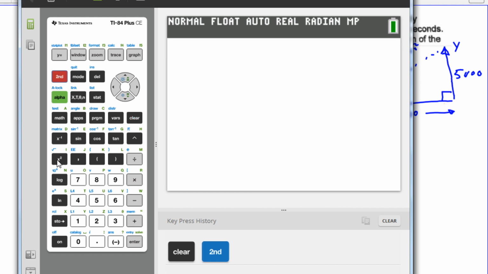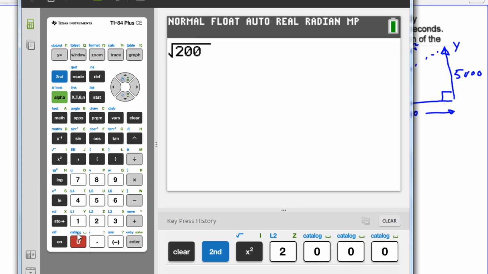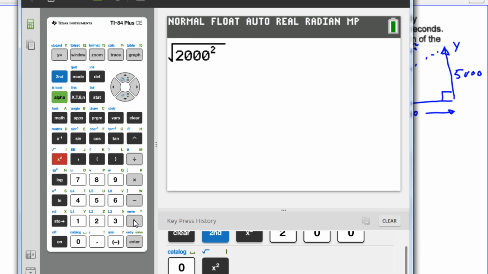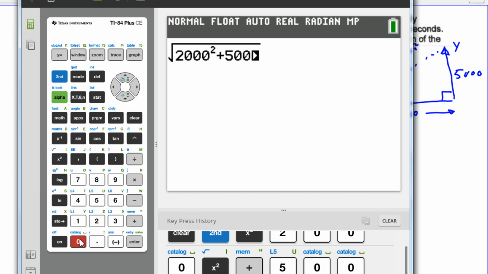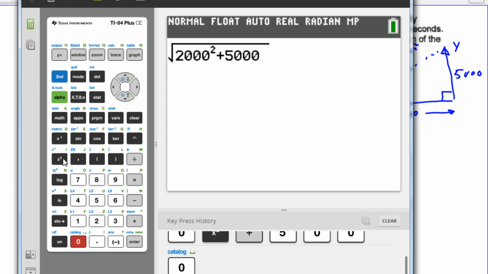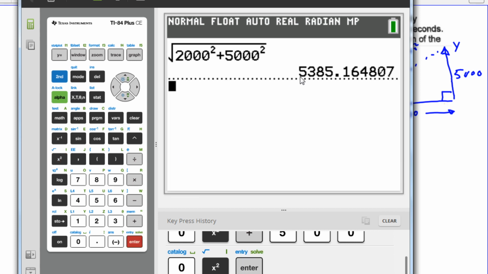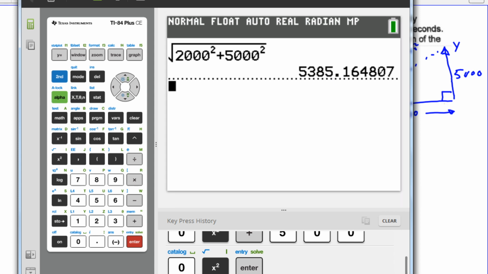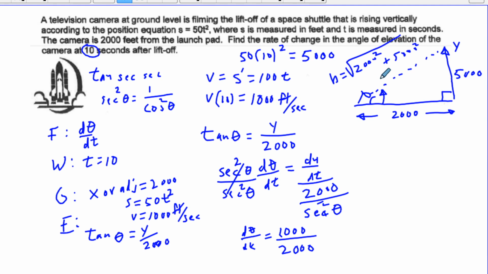Square root of 2,000 squared plus 5,000 squared. Now it doesn't list this problem as a calculator problem. Okay, 5385, and you could say 5385.2.